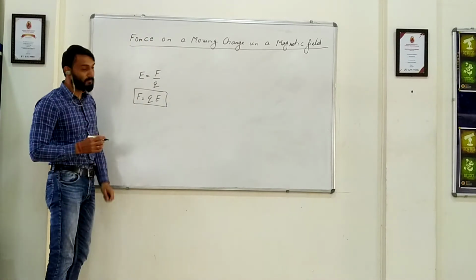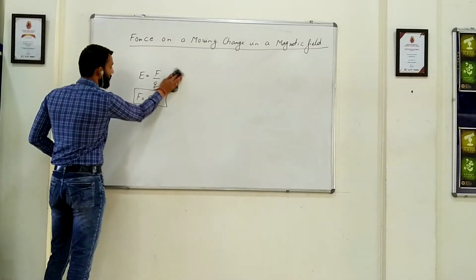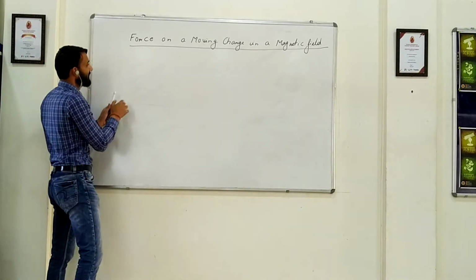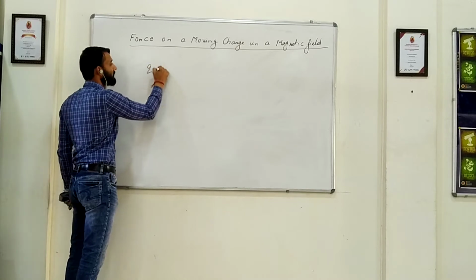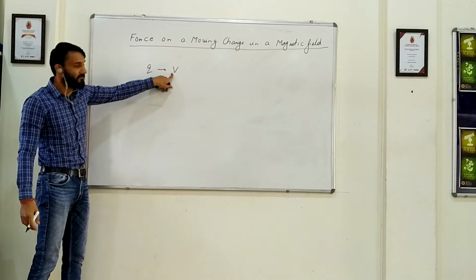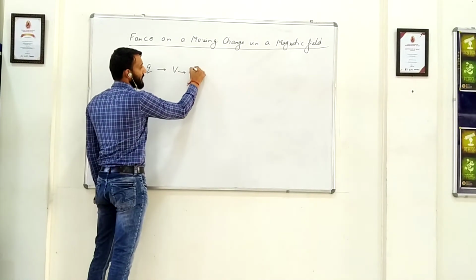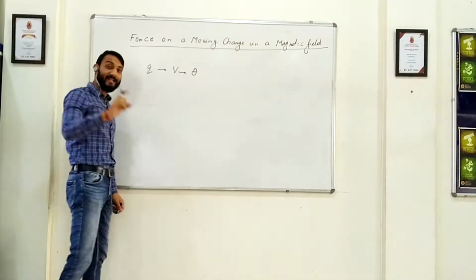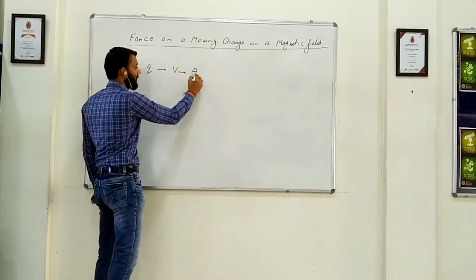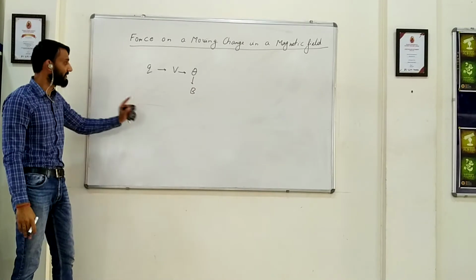Suppose a charge Q is moving with a velocity v, making an angle theta with B. What is B? B is the magnetic field.